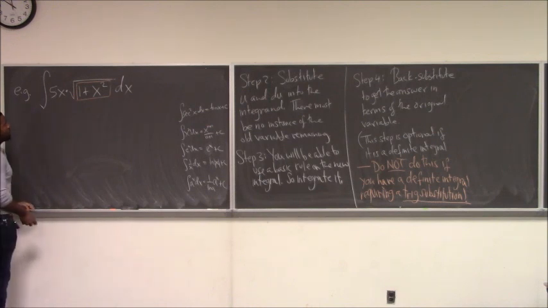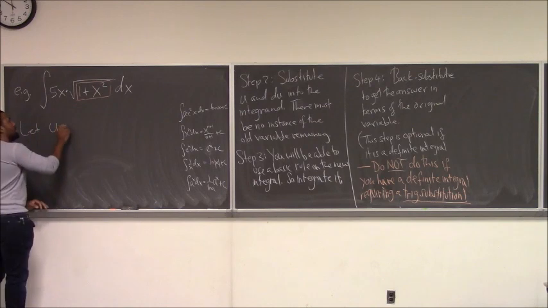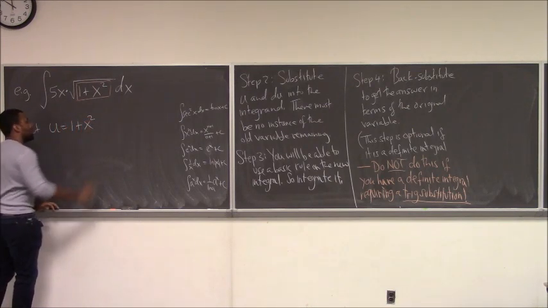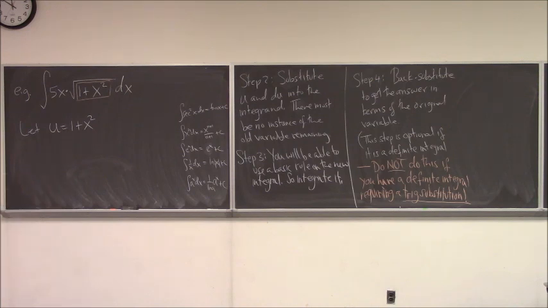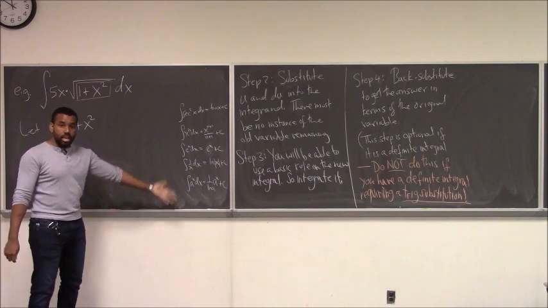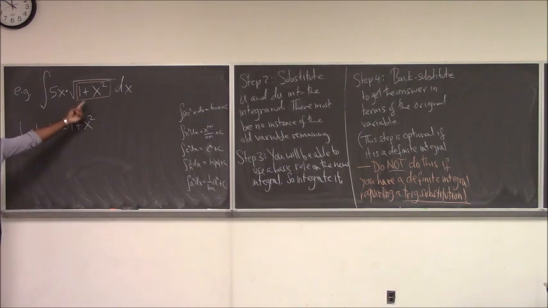So I'm going to do a substitution. I'm going to let u equal this expression. That would be my first guess, okay? That's the guy that's making things complicated. I want to make this simpler. I want to make it look like one of these basic rules.